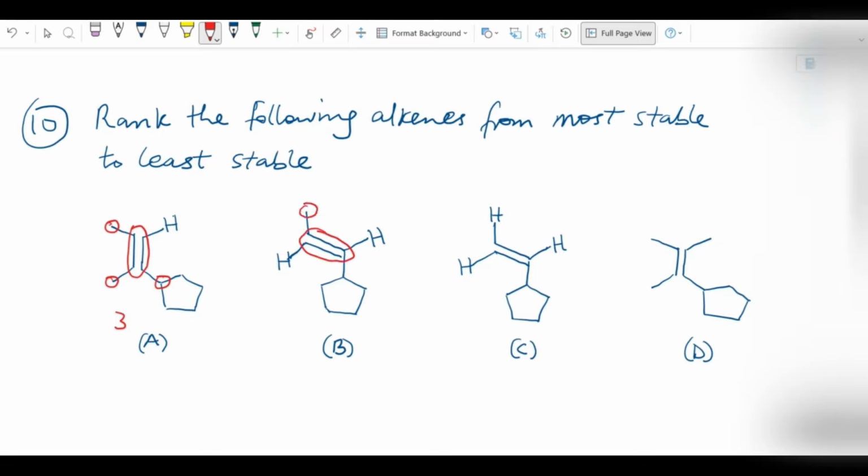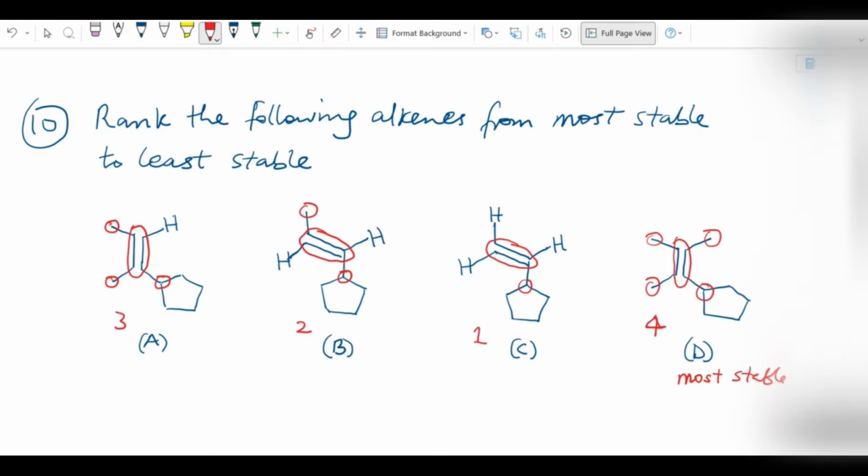In this alkene, there are 2 carbons, so this is a disubstituted alkene. In this alkene, there is just 1 carbon attached to the double bond, so this is a monosubstituted alkene. And in this alkene, there are 1, 2, 3, and 4 carbons, so this is a tetrasubstituted alkene. The most substituted alkene here is D, so this will be the most stable.